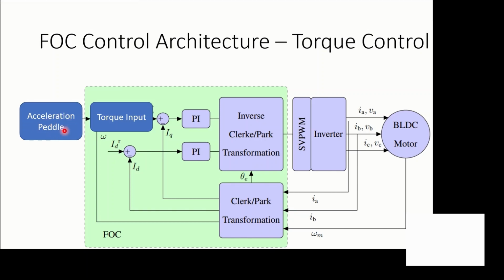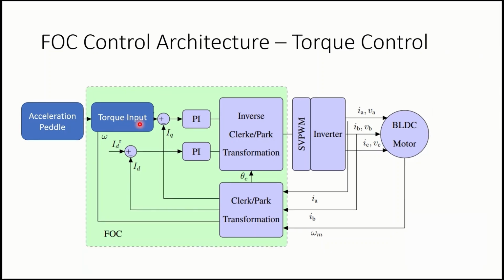So we are getting those acceleration inputs from the respective acceleration pedal or throttle, and this defines the actual torque which we require. Let me consider this IQ as the torque, which is proportional to the motor torque.